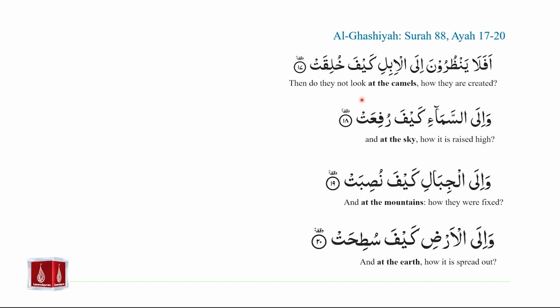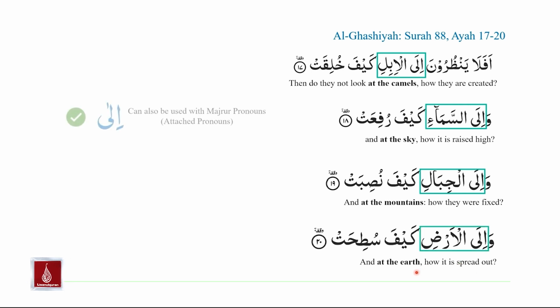In all these ayahs, we see the use of ila: at the camels, at the sky, at the mountains, and at the earth. Ilal ibili can be translated as at the camels. Ilas samai, at the sky. Ilal jibali, at the mountains. Ilal ardi, at the earth.